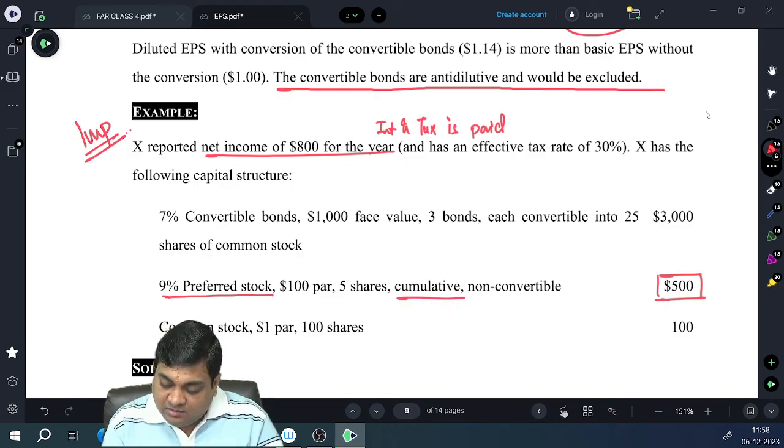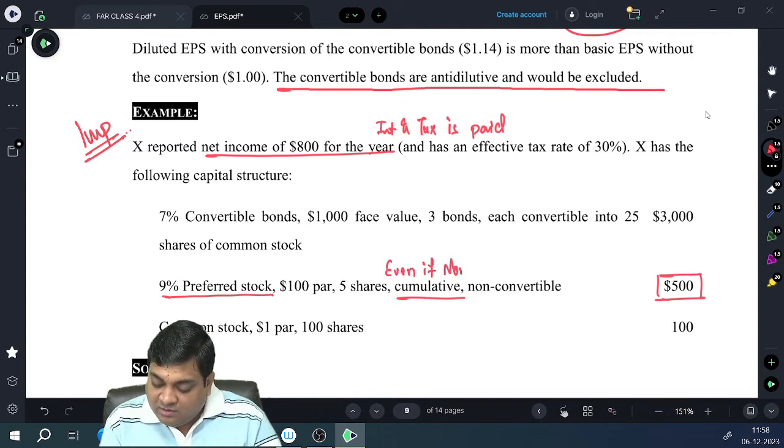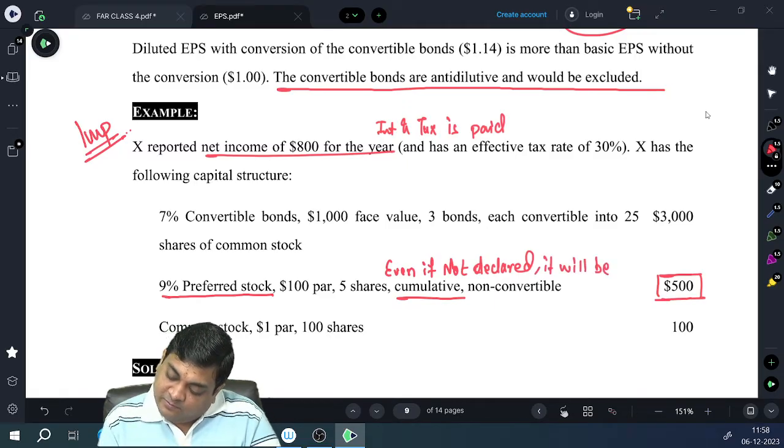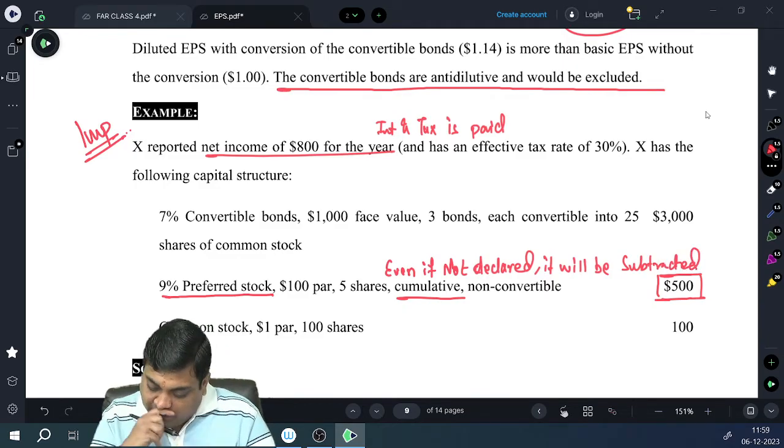Cumulative. Even if not declared, it will be subtracted.